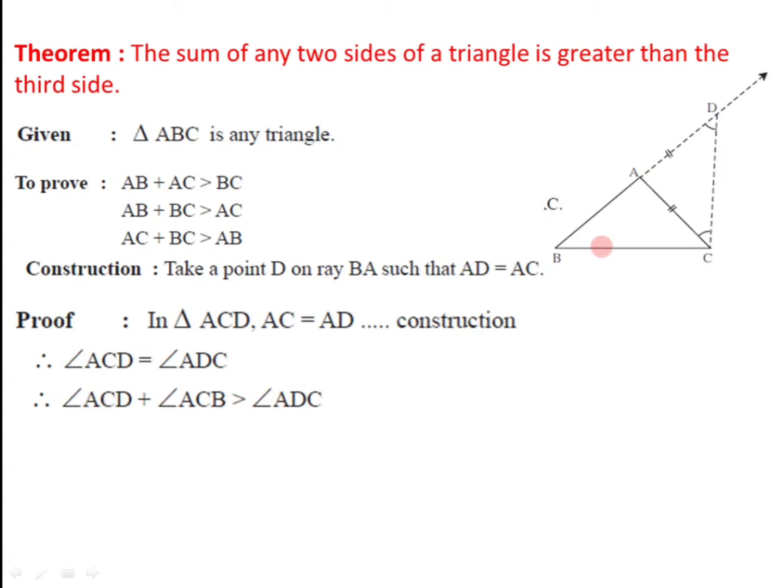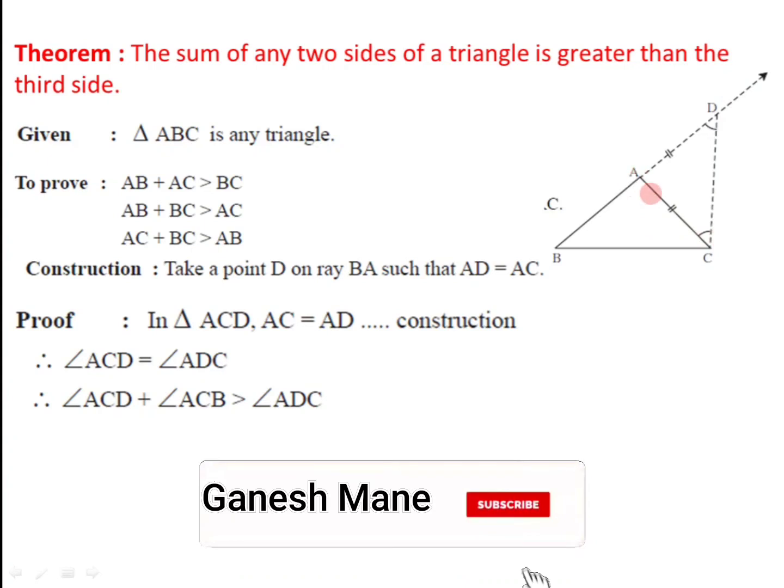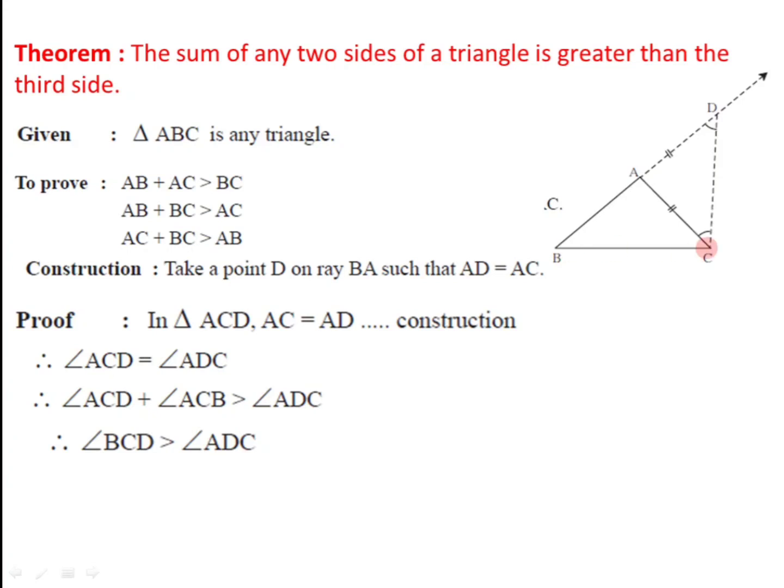Now if we see in the diagram, angle ACD and angle ACB, if we add these two angles, we get angle BCD. So here angle BCD is greater than angle ADC. For triangle BCD, we have proved that the measure of angle BCD is greater than the measure of angle ADC. Now angle ADC can also be named angle BDC. And we have proved that in any triangle, if two angles are not congruent, then the side opposite to the greater angle is greater than the side opposite to the smaller angle.